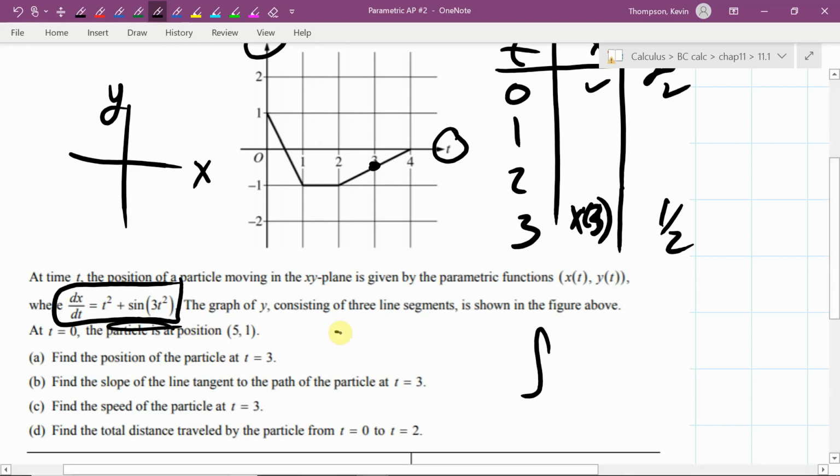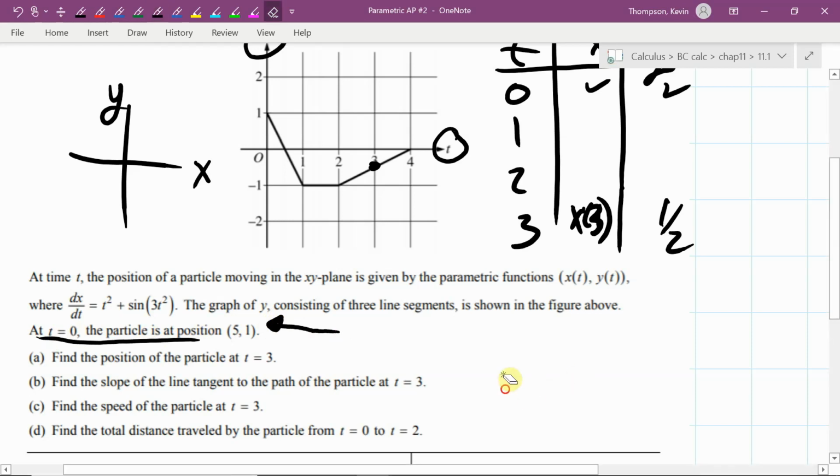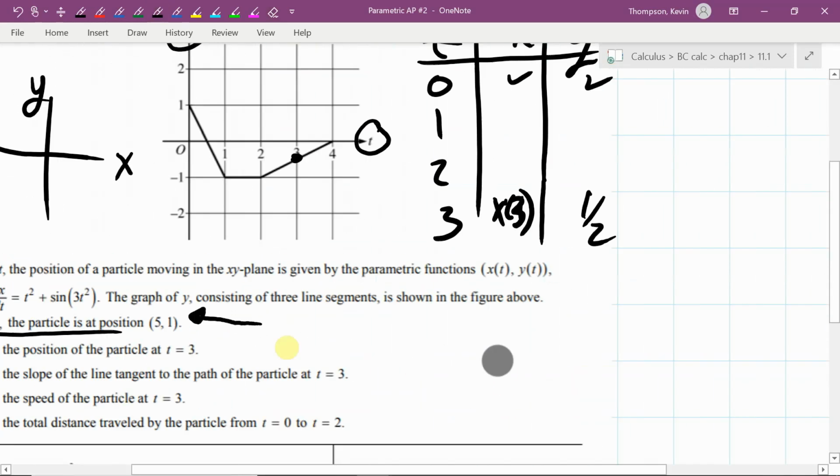But how does this initial position play into it? What I want you to remember is this statement. Let me go over here for an aside. I'm going to give you a second to see if you can finish it, and that's where we're done today.